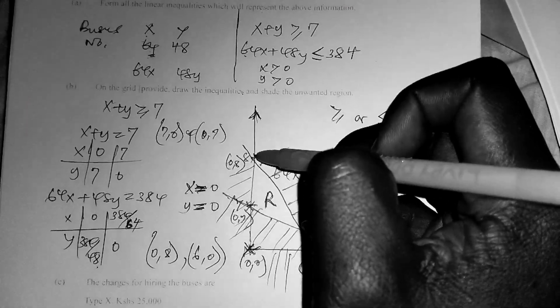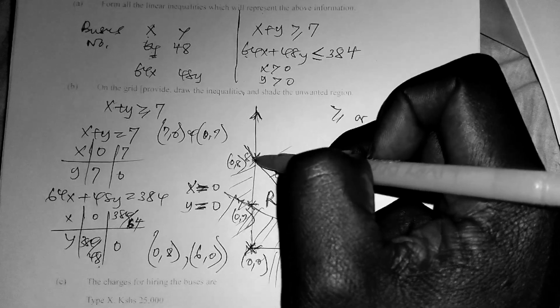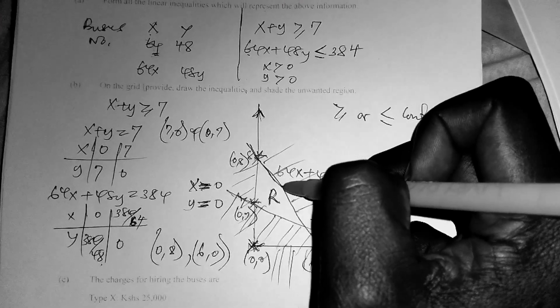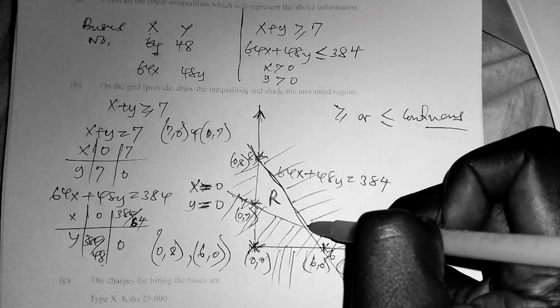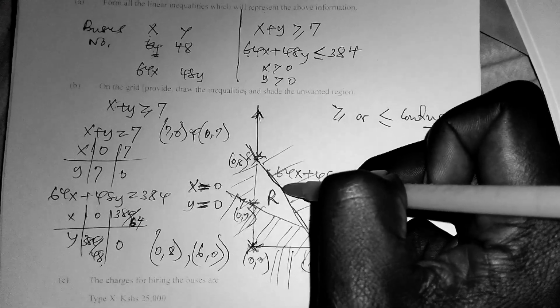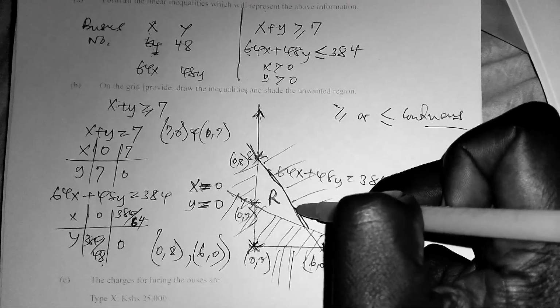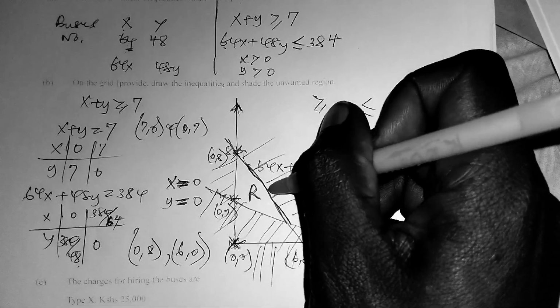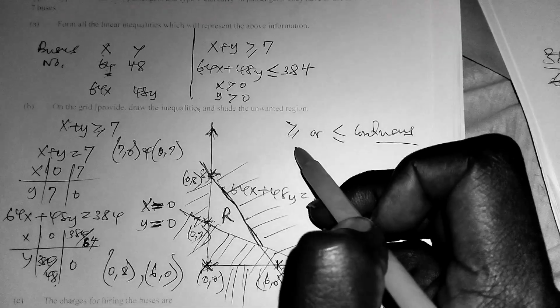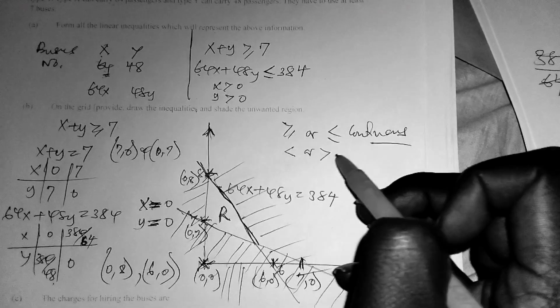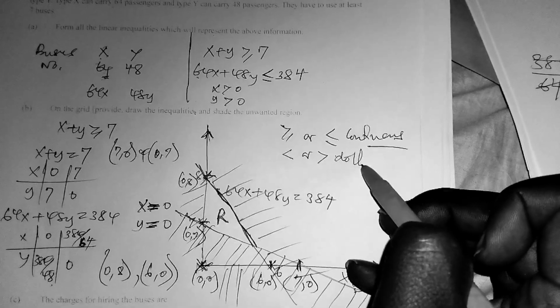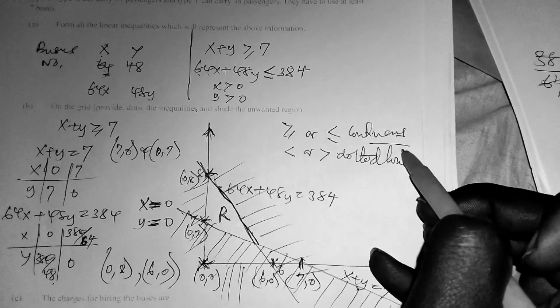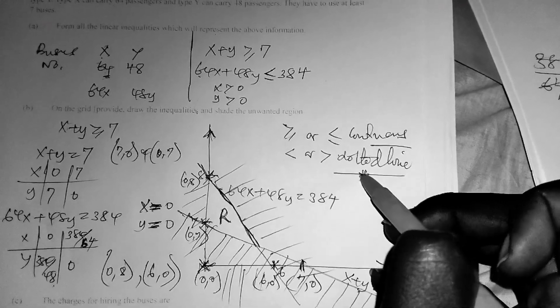The maximum points are usually on the right hand side of the graph. If the line is continuous, then all the points which lie along the line are also considered. If the sign is just less than or greater than, then we'll have a dotted line. But for a dotted line, the points along that line don't count.